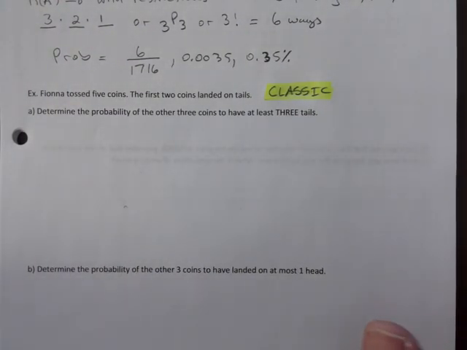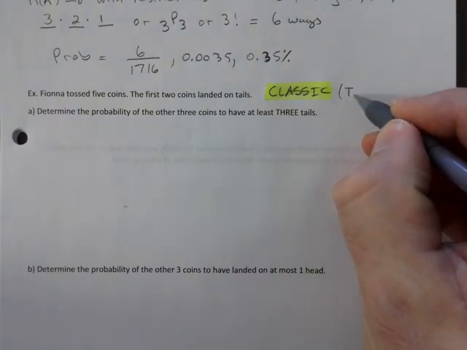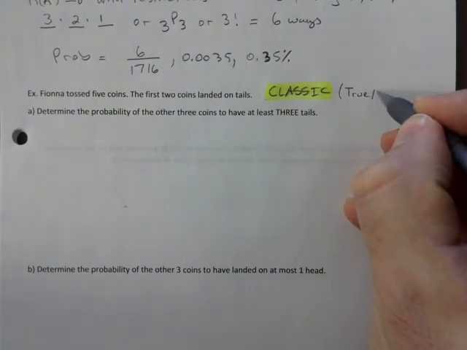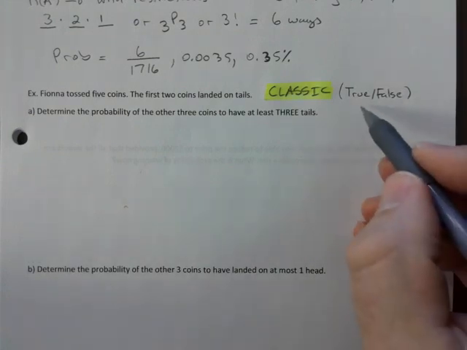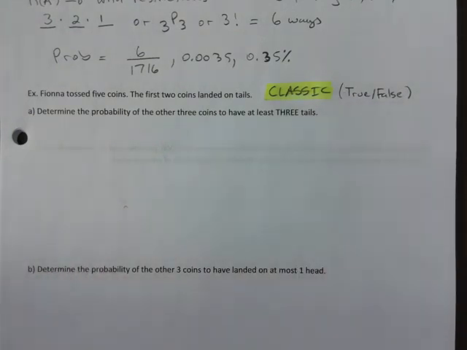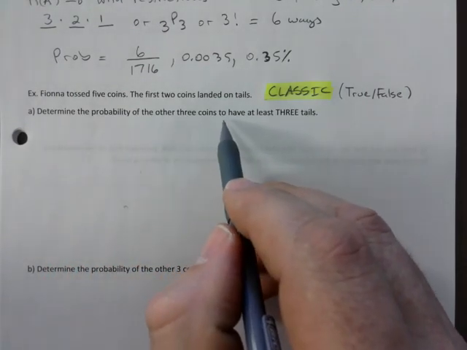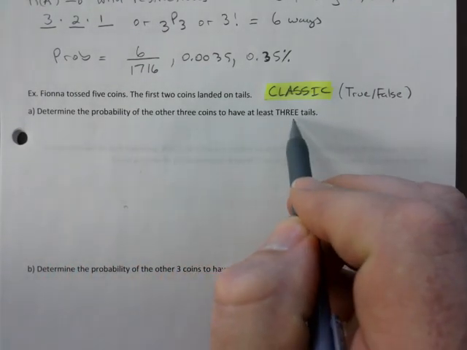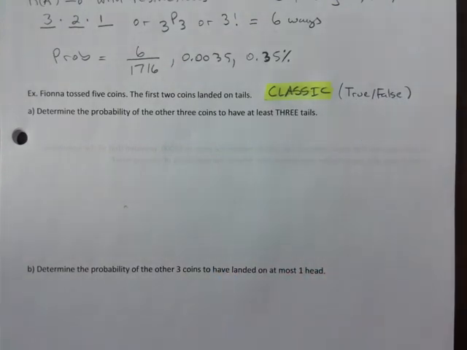So Fiona tossed, so maybe I should say true, false, works the same way, okay? Same way as tossing a coin. Determine the probability of the other 3 coins to have at least 3 tails, okay? Do I need to change that?